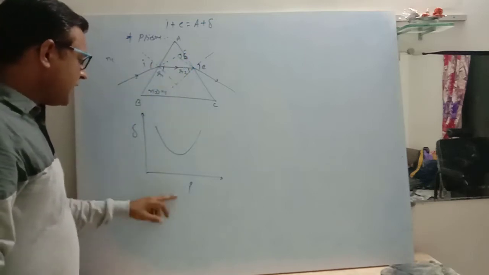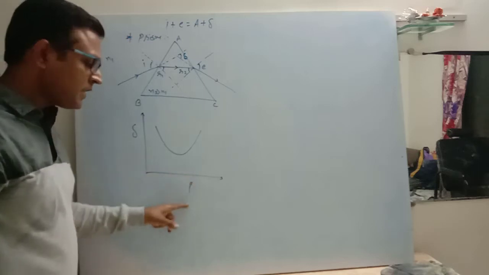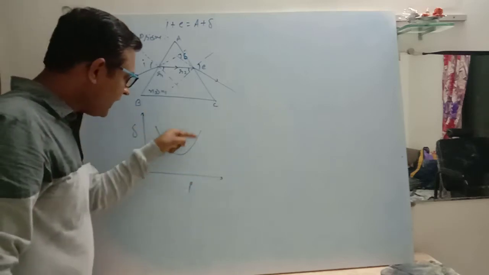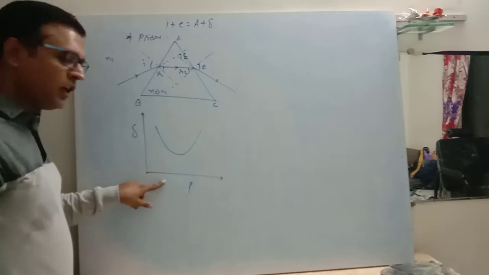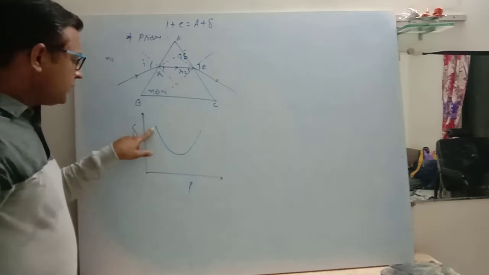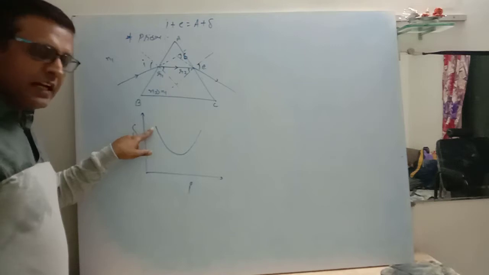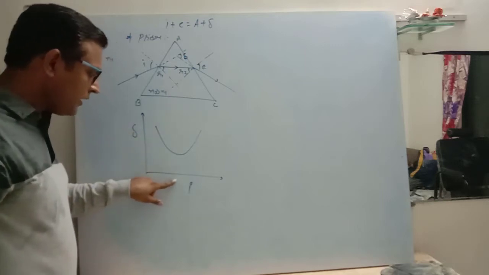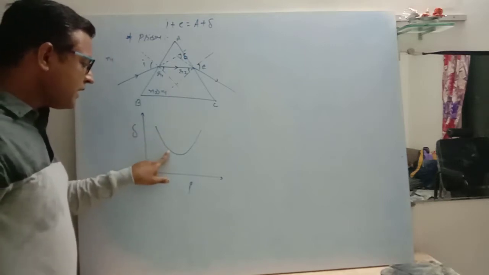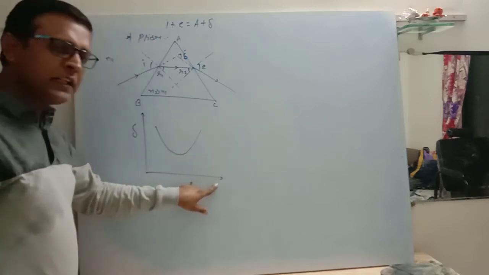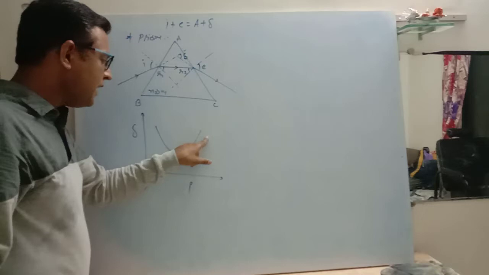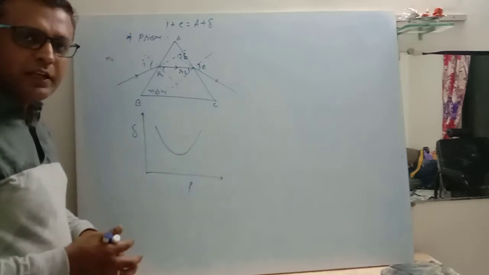If you plot the graph of deviation angle versus angle of incidence, you get this type of graph. For a smaller value of angle of incidence, the deviation angle is large. As you increase the angle of incidence, the deviation angle decreases. And if you further increase the angle of incidence, the deviation angle again increases.